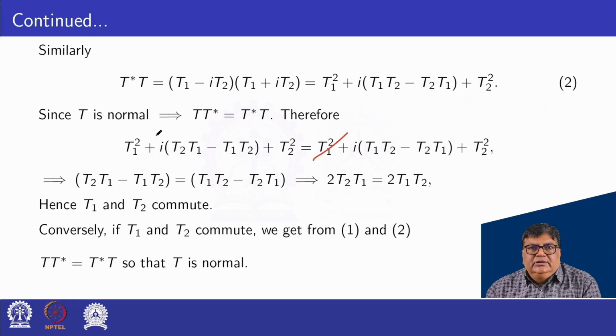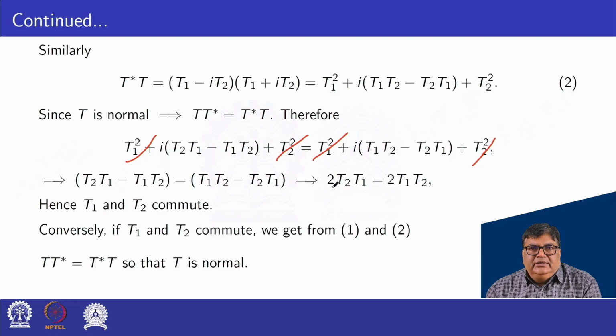So this is cancelled out, this is also. We have i into this equal to i into this. So i cancels out, and we have T2 T1 minus T1 T2 is equal to T1 T2 minus T2 T1.